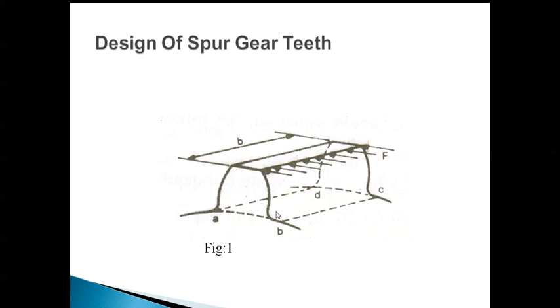So to withstand this load, the area ABCD must be large enough to sustain the load F. In that way, we need to design the area. And here, thickness AB depends upon the form of the tooth and circular pitch of the gear.